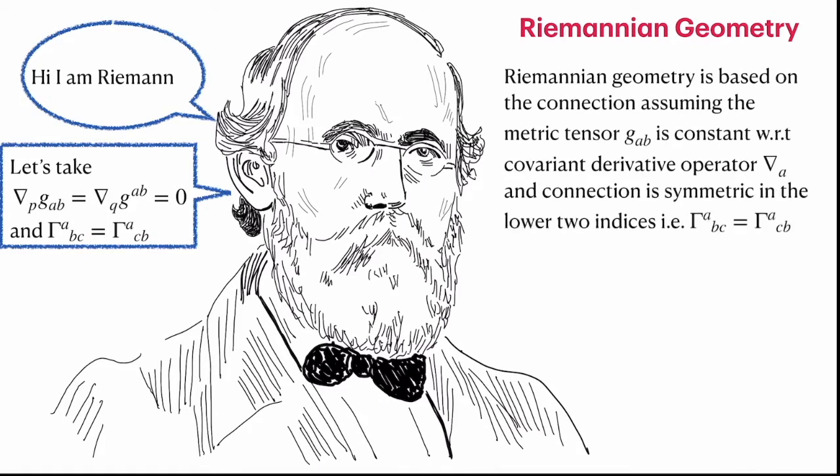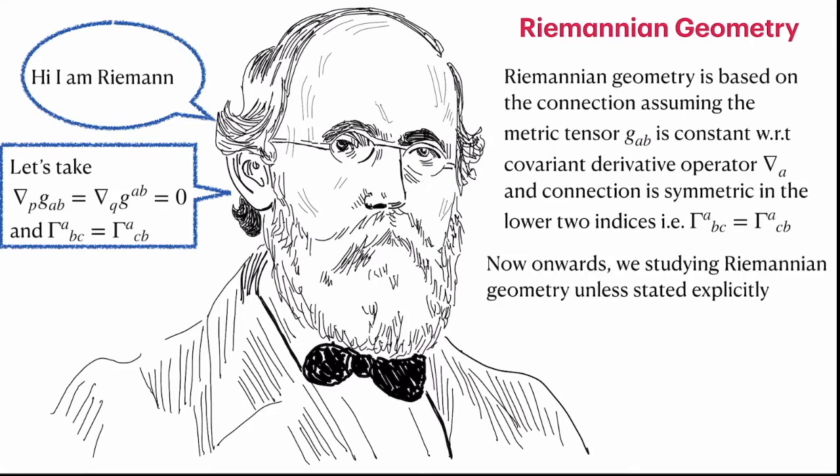The Riemannian geometry is based on the connection. Assume that the metric G_AB is constant with respect to the covariant differential operator and the connection is symmetric in the lower two indices. Once we assume these two conditions, the geometry which we have now is called Riemannian geometry, which was first proposed by Riemann.